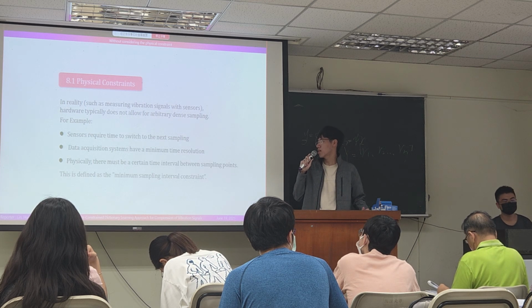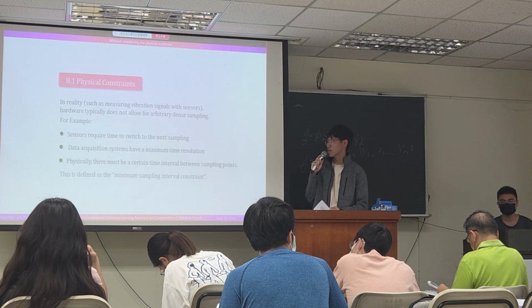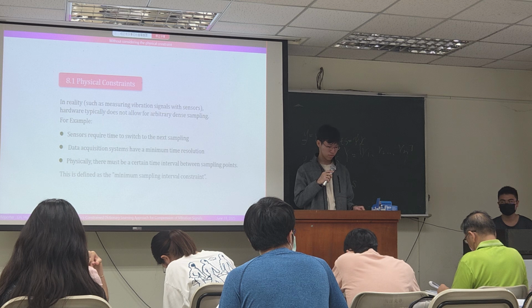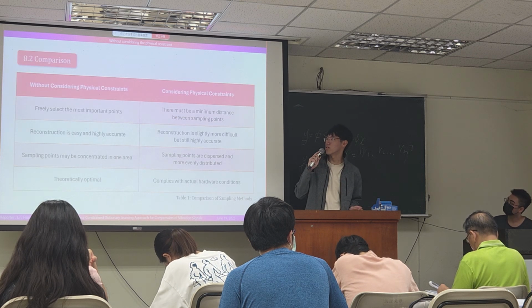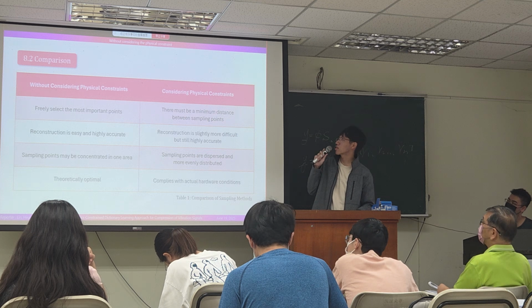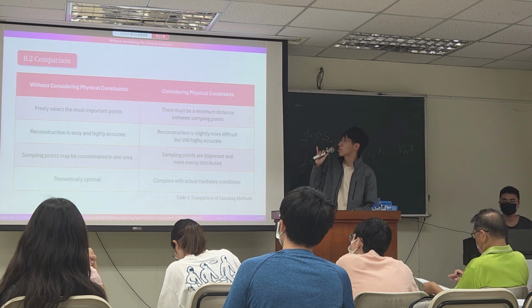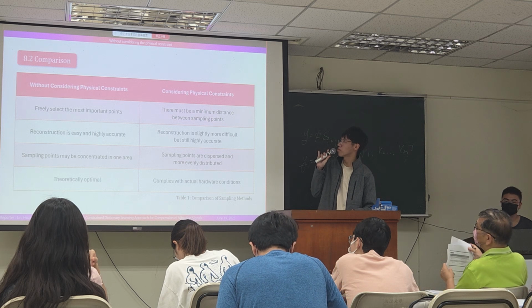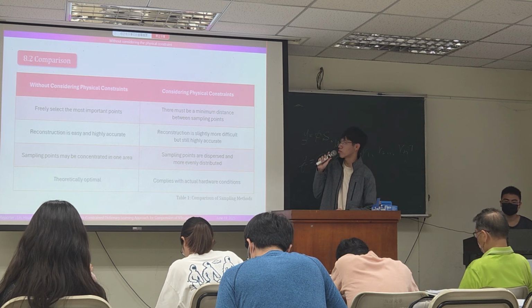Physically, there must be a minimum time interval between sampling points. So if we consider the physical constraint, there must be a minimum distance between the sampling points. But if we don't, we can freely select the most important points.